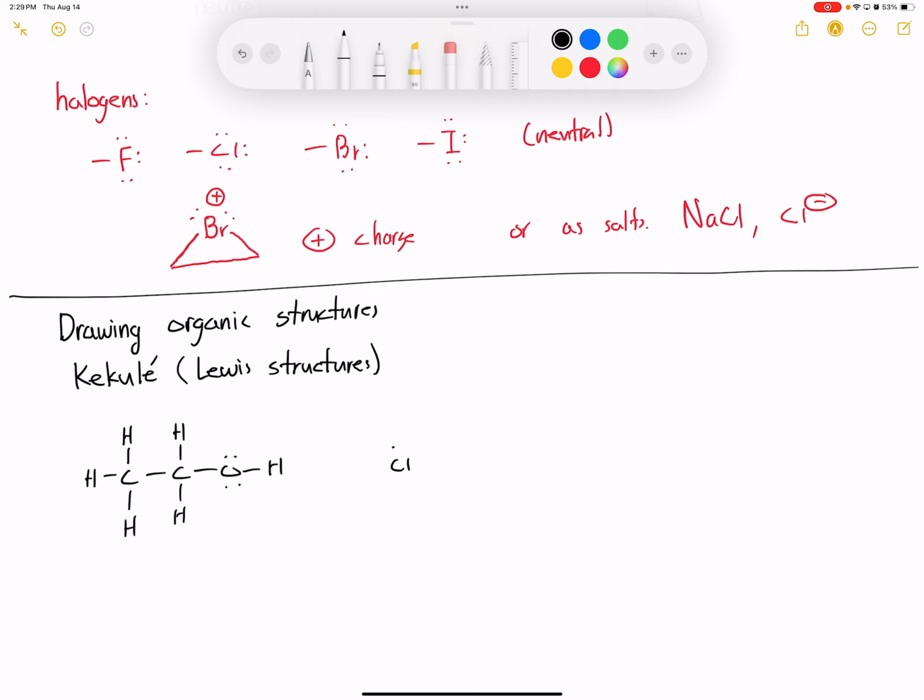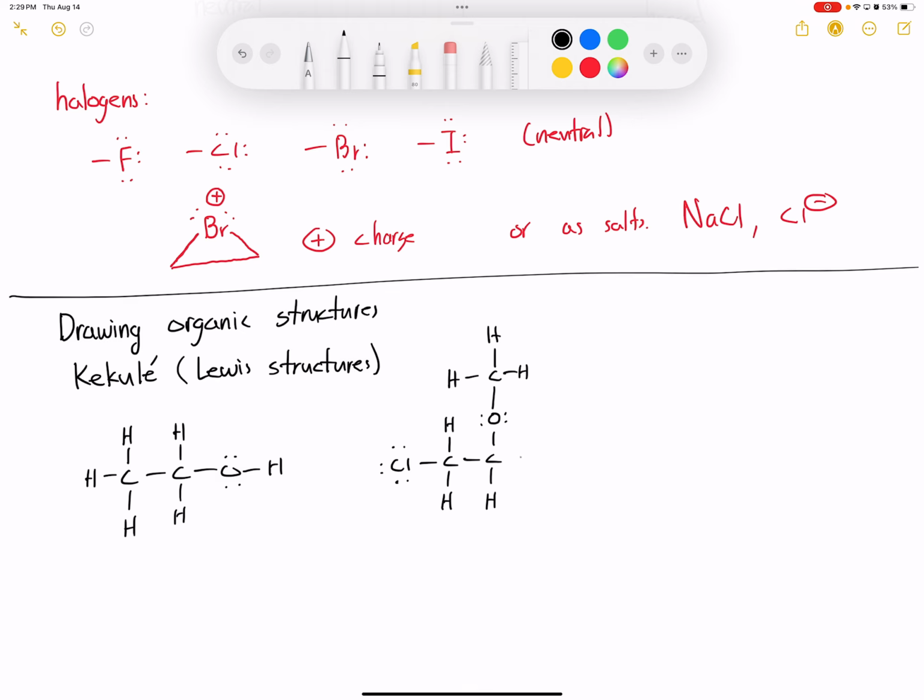Next thing we'll see is that you can run out of space when drawing these structures, especially for very branched and more complicated carbon structures. All right, so see here, I have this oxygen here. But in order to fit, I have to make some bonds longer than others, or else they'll clash with other atoms in the structure.